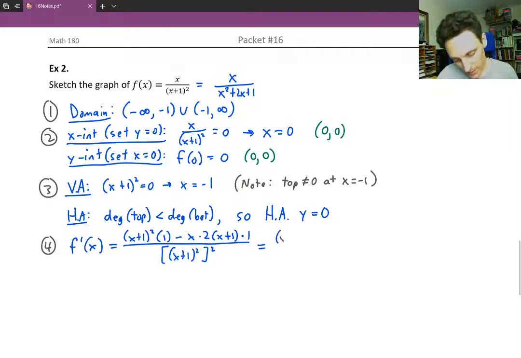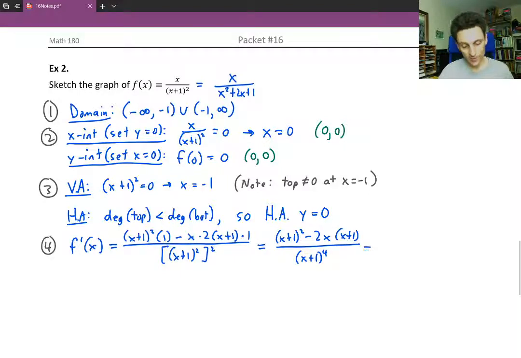Now let's take a moment to clean this up. On the bottom, we'll have the (x plus 1) to the 4th. Now there's an (x plus 1) factor in each of these terms on the top.